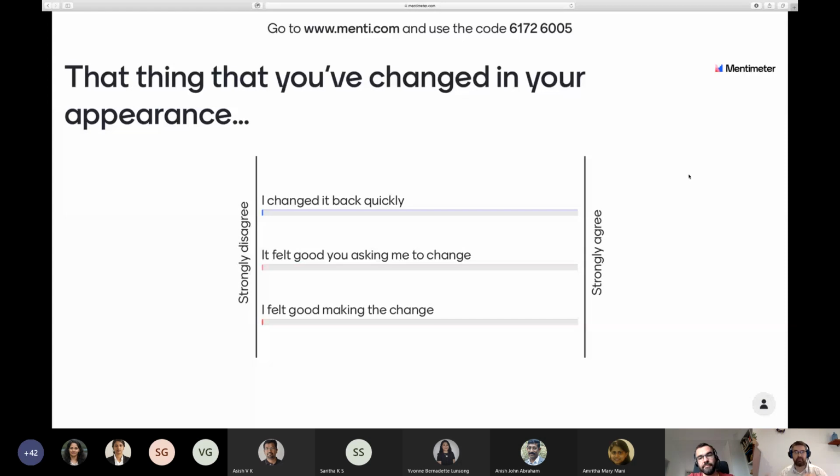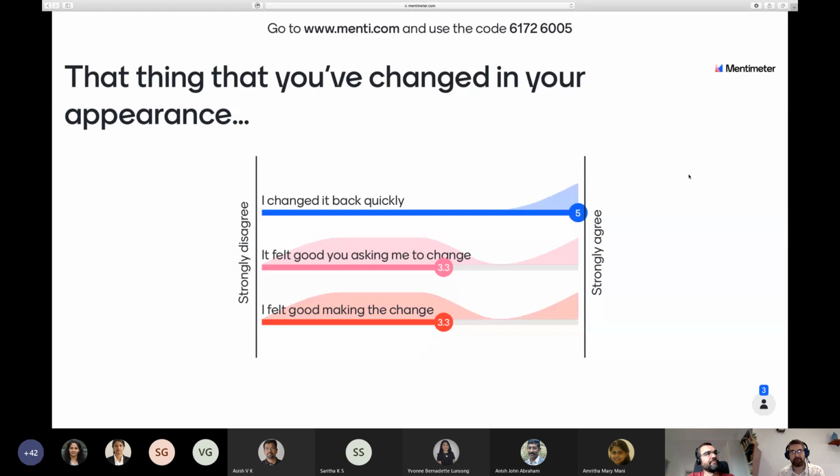Do you remember near the start where I asked you to make a change, something in your appearance, maybe your glasses, your collar, your button? So you either strongly disagree or strongly agree. What is happening? Did you change it back quickly? Have you already changed it?